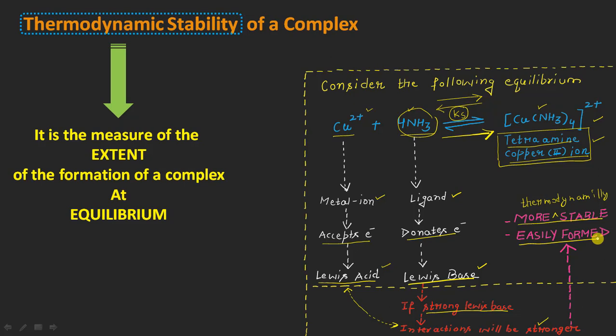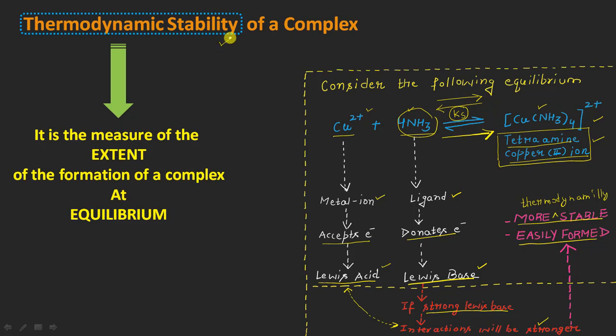So if the ligands are strong, obviously their interactions with the metal ion will be stronger, and that will result in the formation of a more thermodynamically stable product that will be formed very easily, right?